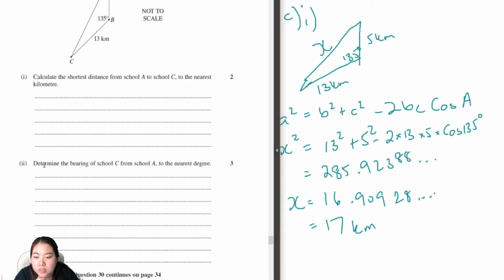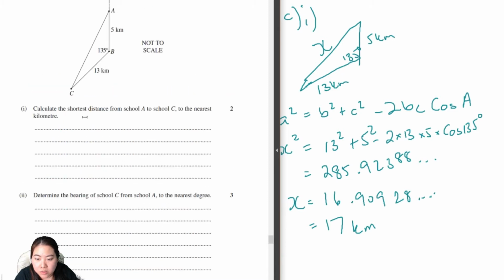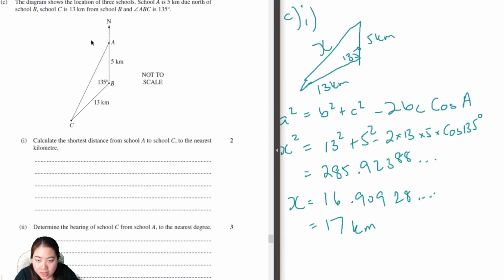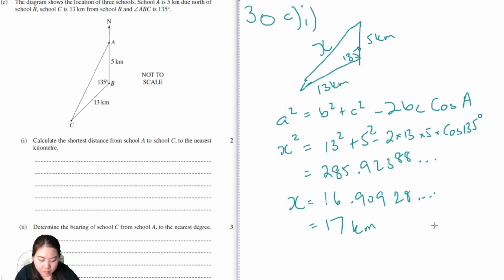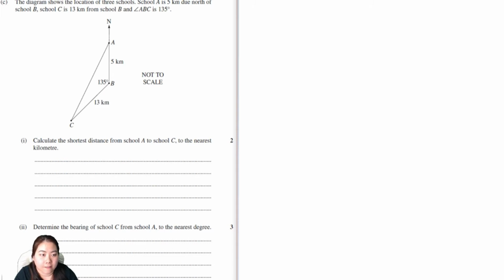Question 2. Determine the bearing of school C from school A to the nearest degree for 3 marks. So let me draw this for you. The bearing that they want is this one.